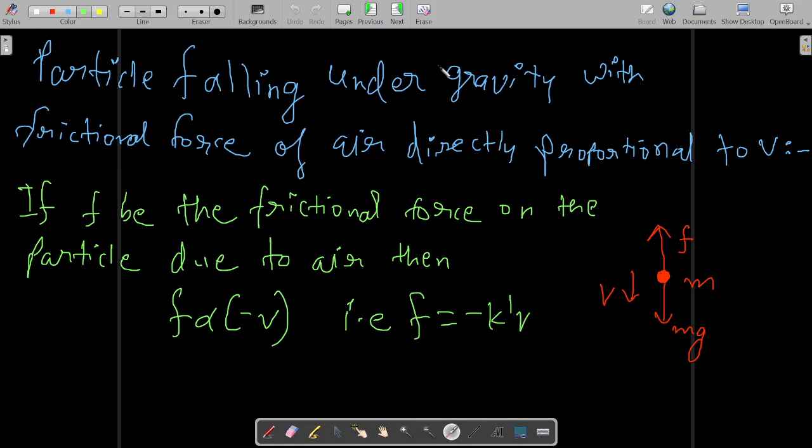So the ball you drop will strictly follow the equations of kinematics, like s is equal to ut plus half at square, v square minus u square equal to 2as, v equal to u plus at.